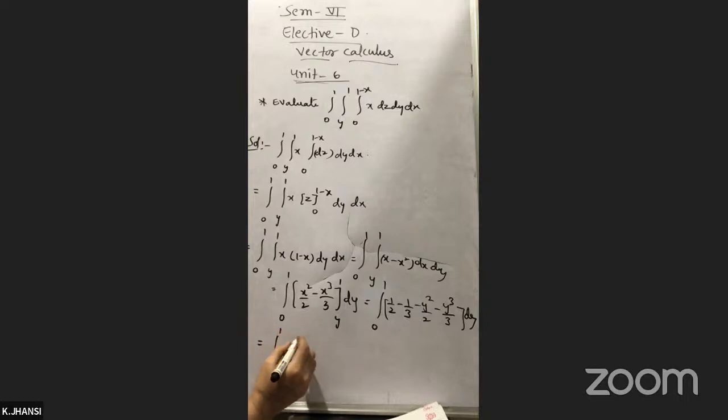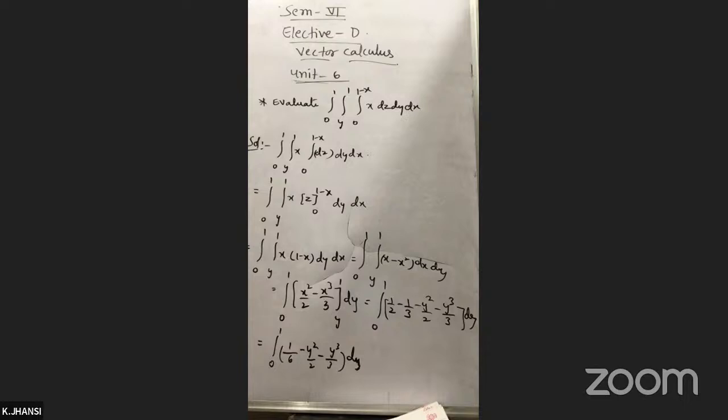That is 1 by 6. This is 1 by 6 minus y square by 3 into dy. Okay. Now we have to do the integration with respect to y.